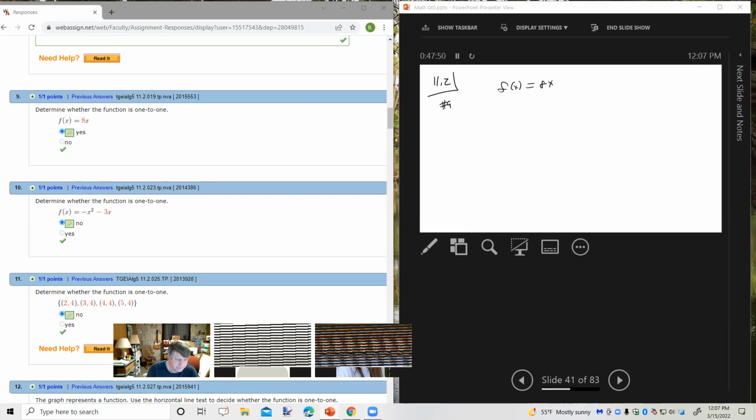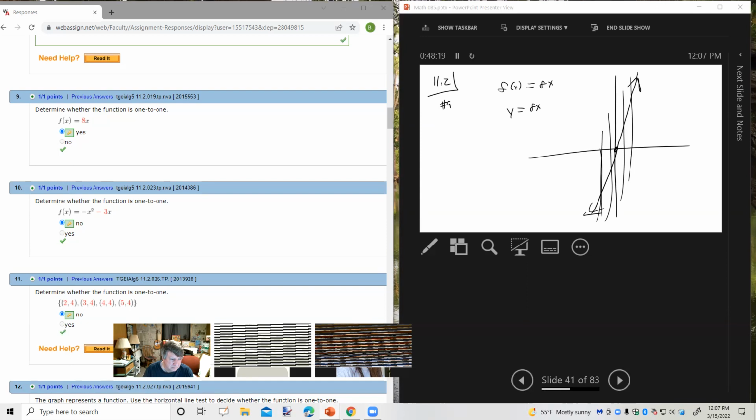Which is y equals 8x. And what does that look like? It goes through the origin and has a slope of 8. So it's a linear equation. And is that 1-to-1? Yeah.